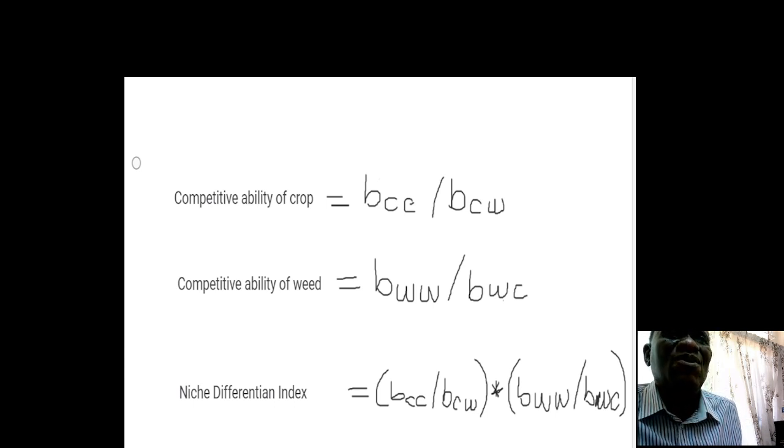You can also measure the competitive ability of the crop by dividing those indices, BCC over BCW, and the competitive ability of the weed, BWW over BWC.